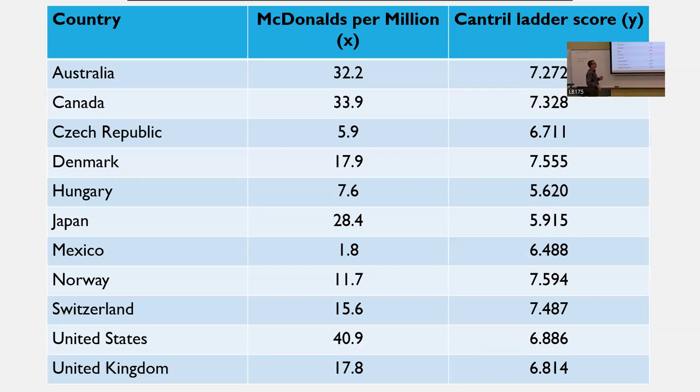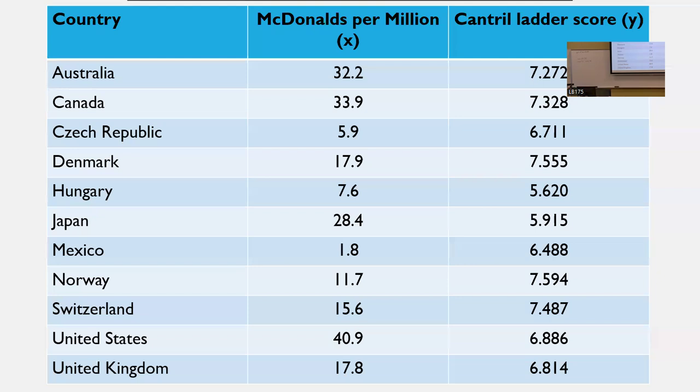Now, the overall level of happiness can be judged in numbers in a lot of different ways. We're going to use what's called the Cantrell ladder score. This is a well-known score about satisfaction of life outcomes.